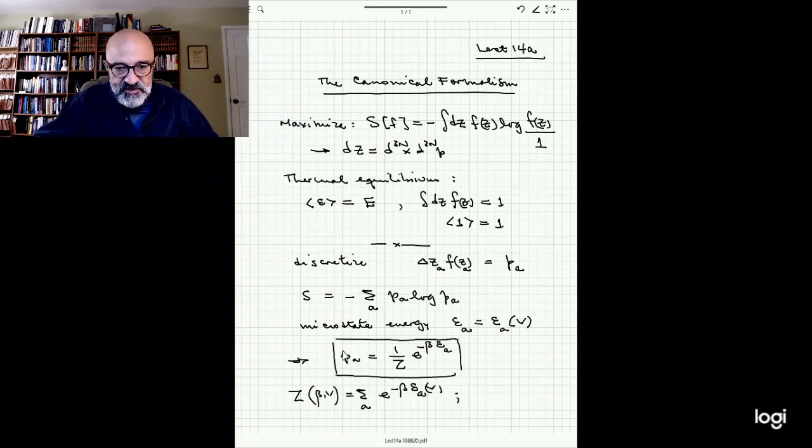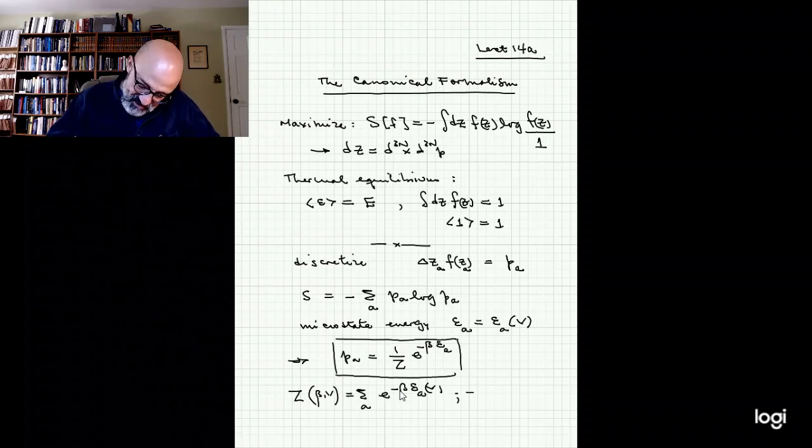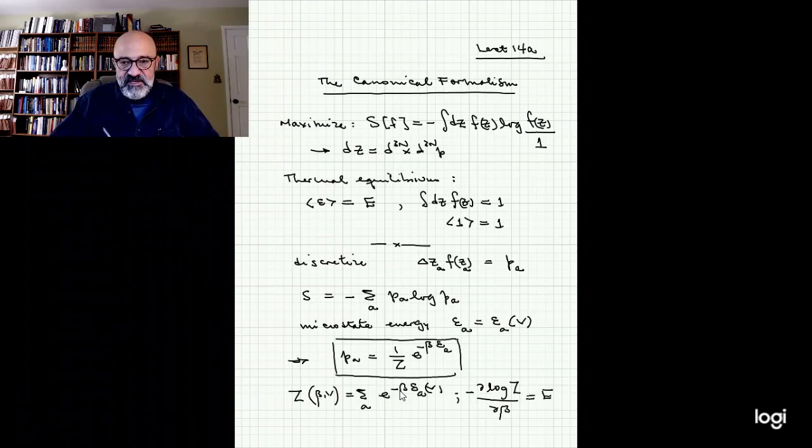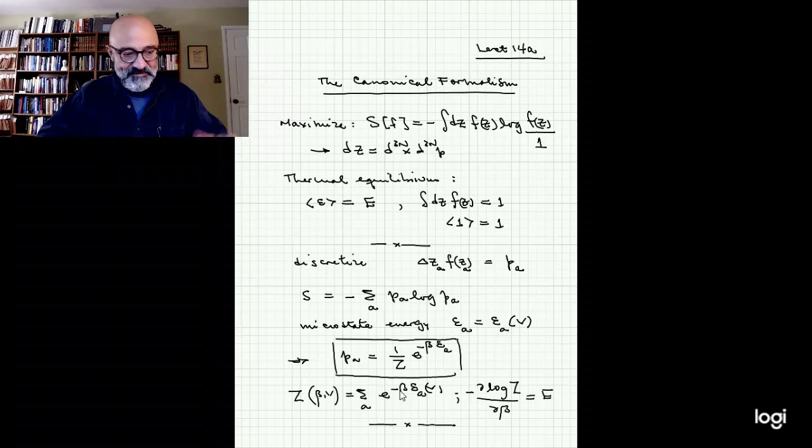That's the Lagrange multiplier that goes with normalization. The Lagrange multiplier that goes with the energy constraint is going to be the beta, and the beta is determined by requiring that the expected value of the energy be equal to E. So we're done. So what we would like to do now is take these equations and analyze them.